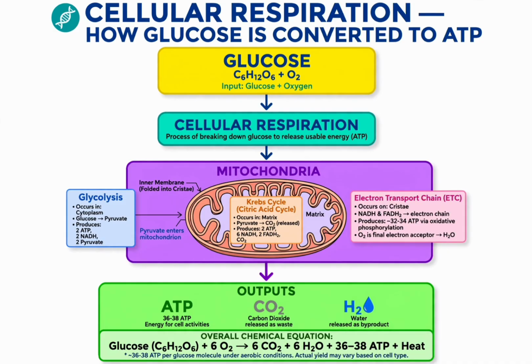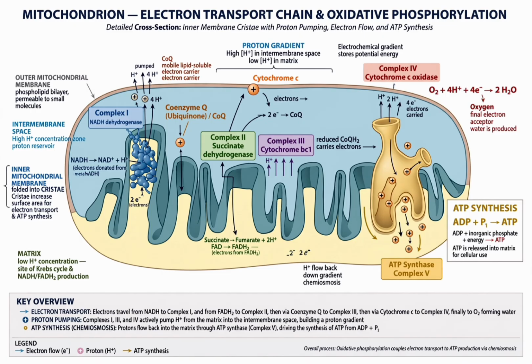And why are they called semi-autonomous? Because they contain DNA and ribosomes, just like an independent cell. So they are called semi-autonomous because they can synthesize some of their own proteins and replicate independently within the cell. This is the reason why they are called semi-autonomous organelles.